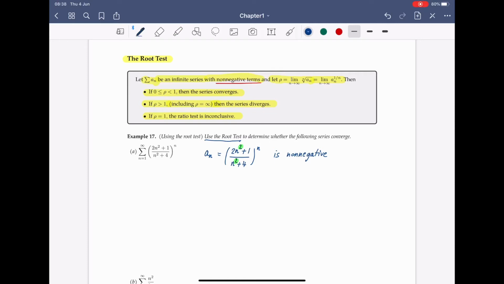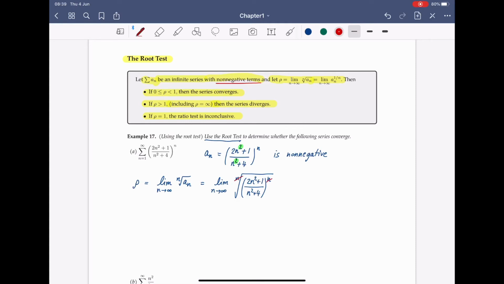And now you need to compute your rho, which is defined to be the limit of the nth root of a_n when n goes to infinity. And that thing is the limit of the nth root of ((2n squared plus 1) over (n squared plus 4)) to the n. Right? And then you can see from here that the nth root is going to cancel with the n here.